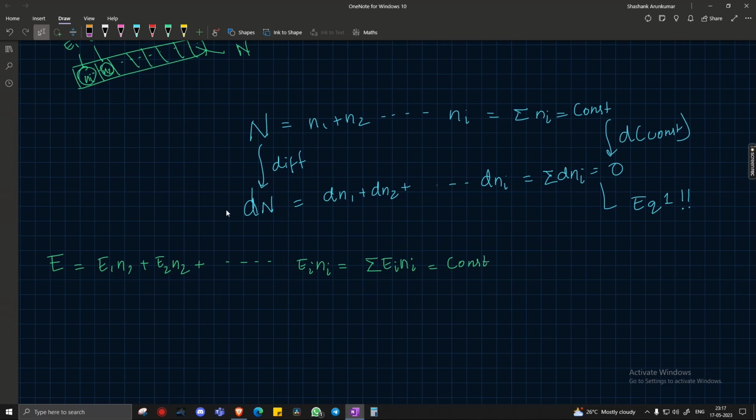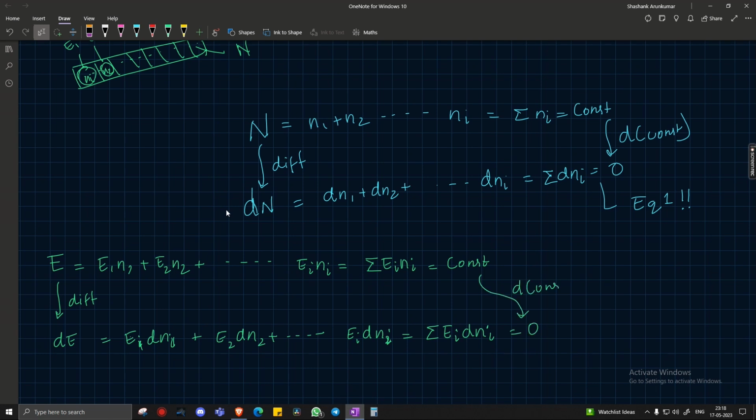Again, the same thing as the previous equation, dE will be equal to, you just differentiate, E1 dN1 plus E2 dN2. We're not changing dE1, dE2, because the energy levels aren't changing. The number of particles on the energy levels is what changes. So we get sigma Ei dNi, which will again be 0. So we've covered equation 2.